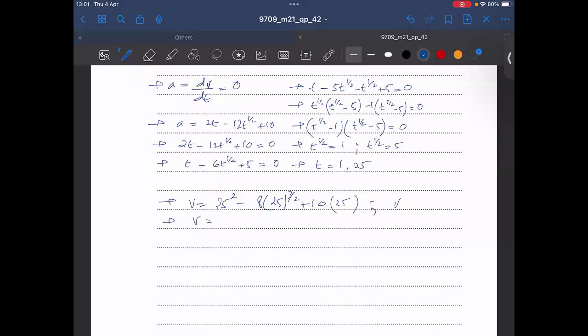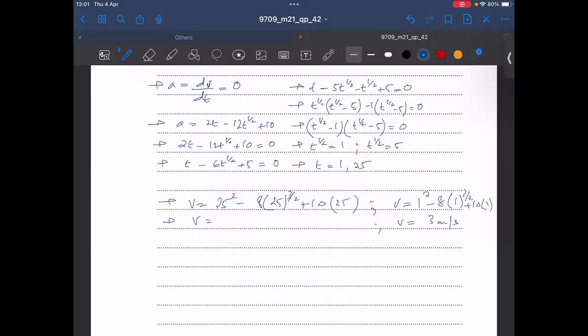If I'm going to substitute 1, it's going to be 1 square minus 8 times 1 to the power of 3 over 2 plus 10 into 1. So from here, I'm going to get 1 plus 10, 11 minus 8, 3 meters per second.